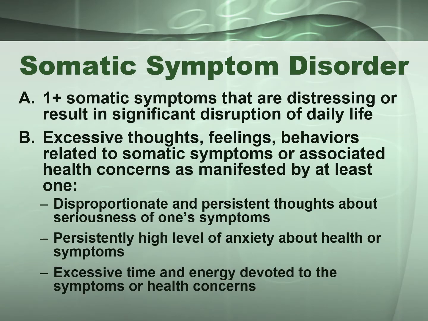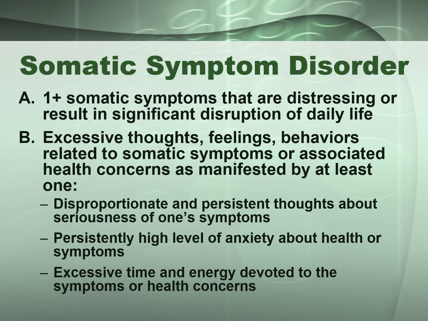Our first category of diagnoses within this group is somatic symptom disorder. Here we see that there is at least one bodily symptom that is distressing or resulting in significant disruption in their daily life. And they have excessive thoughts, beliefs, feelings, behaviors that are related to that symptom or associated health concerns as manifested by at least one of these factors.